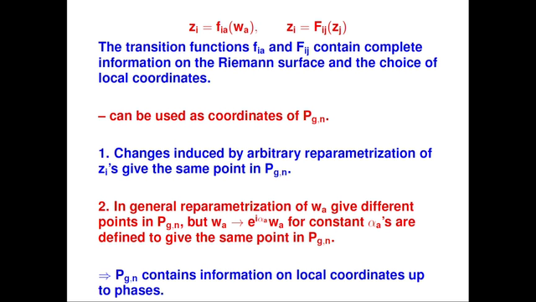However, we will impose one restriction, or one identification, namely that if we change W_a by an overall phase, W_a to e^{i alpha} W_a for some constant alpha, then these reparametrizations are defined to give the same point in P_{g,n}. In other words, P_{g,n} will contain information on the local coordinates, but only up to phases.